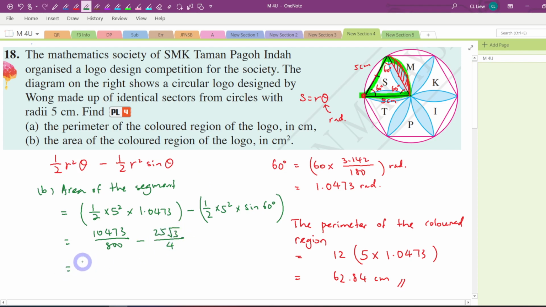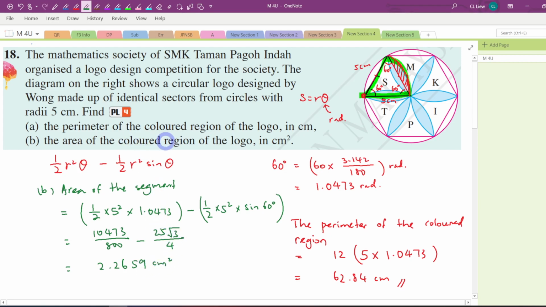Just take this one minus this one, and you get 2.2659. This is the area of a segment.